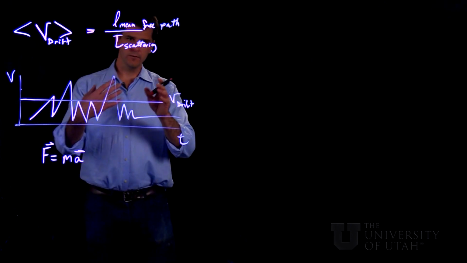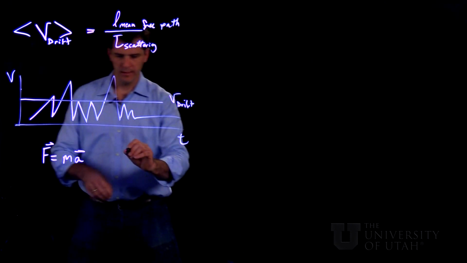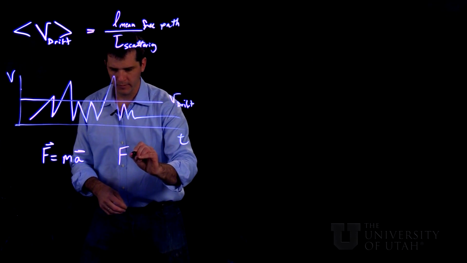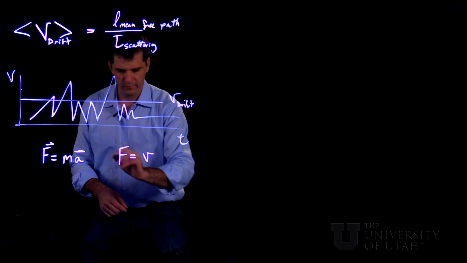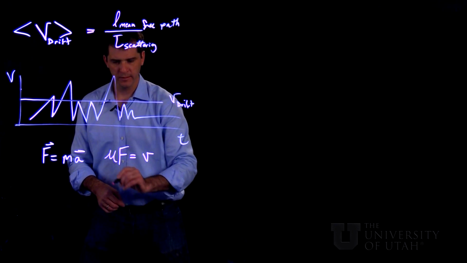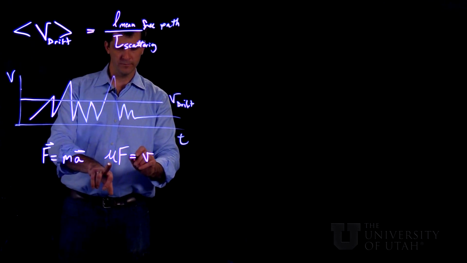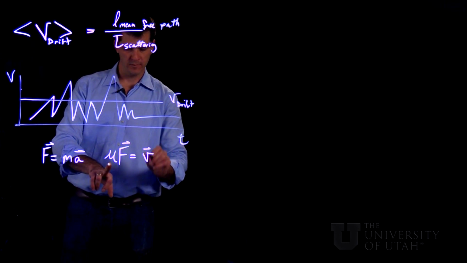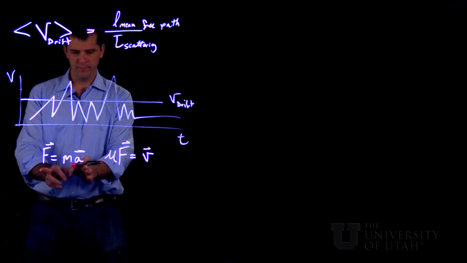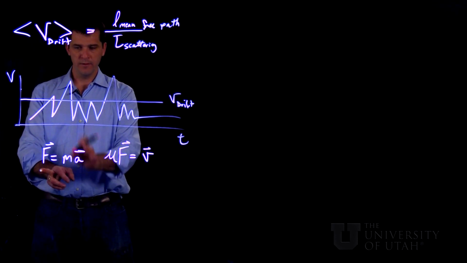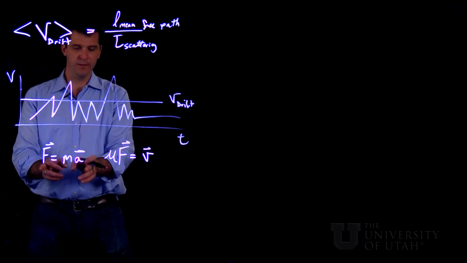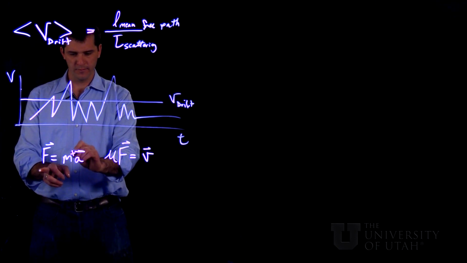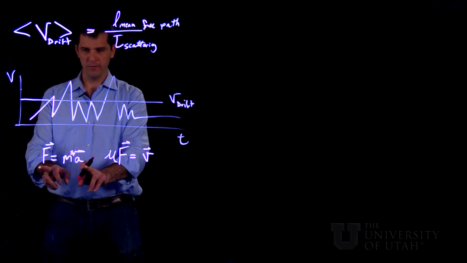Okay, but if we include the effects of this scattering, what actually happens is we end up with a statement that the force is proportional to the velocity, and this proportionality constant that we introduce is called mu. So this is the expression for the actual individual electrons, and they do actually obey Newton's law, so don't worry, we haven't broken any real rules.